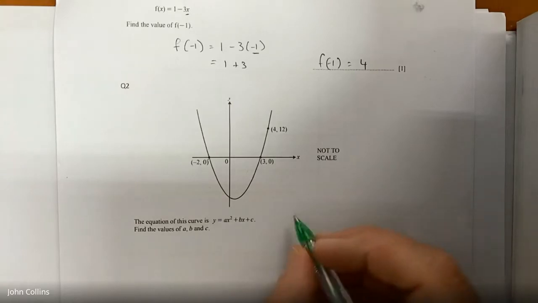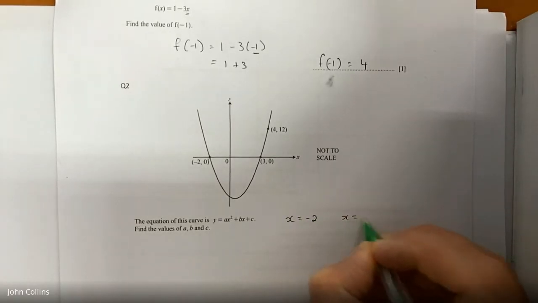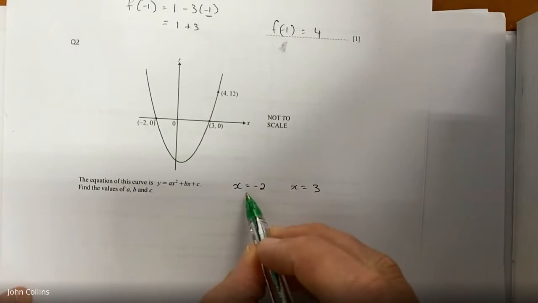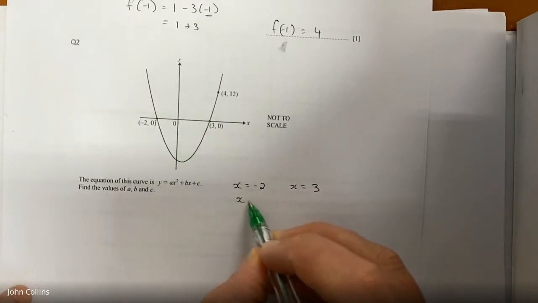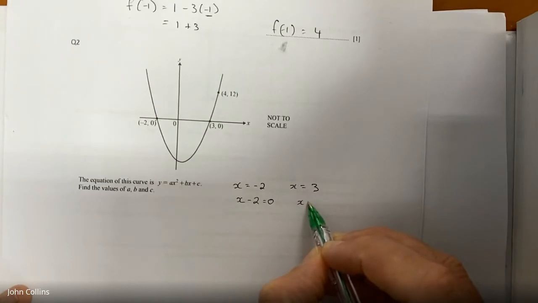So if I was solving this equation equal to 0, I'd end up with these two as my answers. The line before that, if you're working backwards, plus 2 minus 3 equals 0.